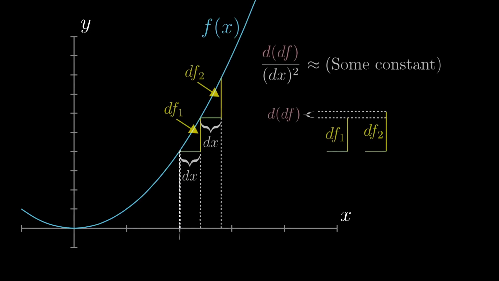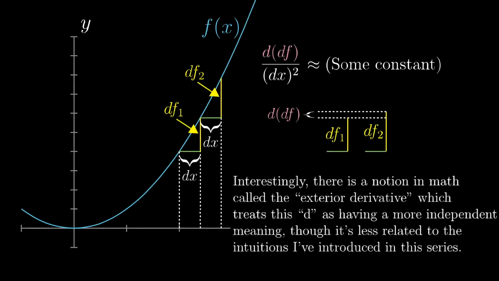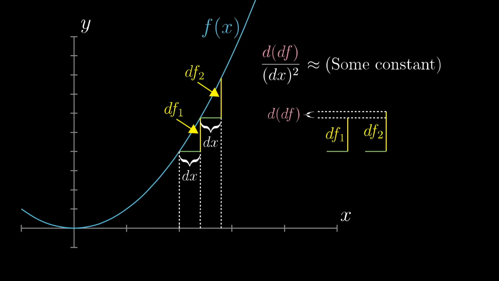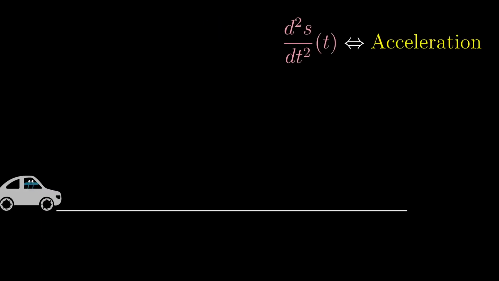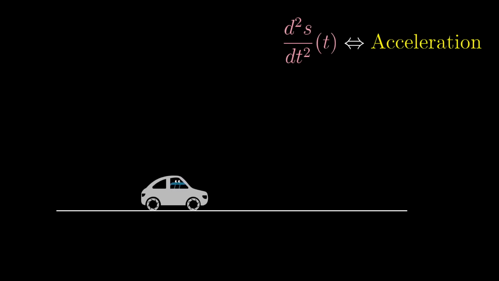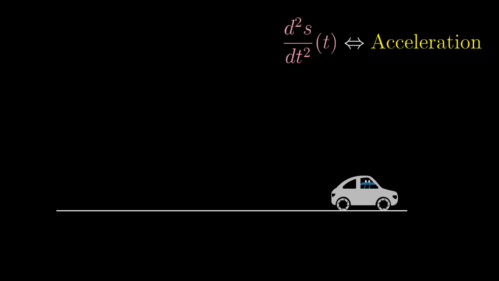Even though it's not like this letter d is a variable being multiplied by f, for the sake of more compact notation, you'd write it as d squared f divided by dx squared, and you don't typically bother with any parentheses on the bottom.